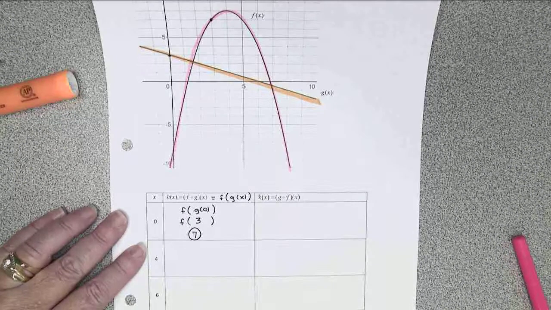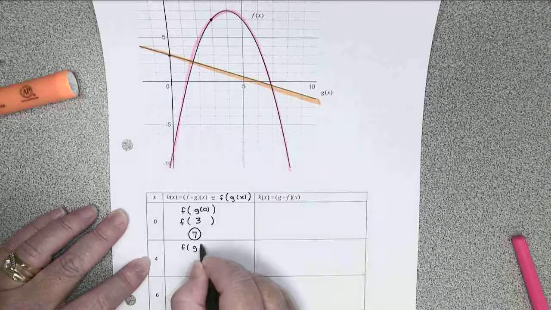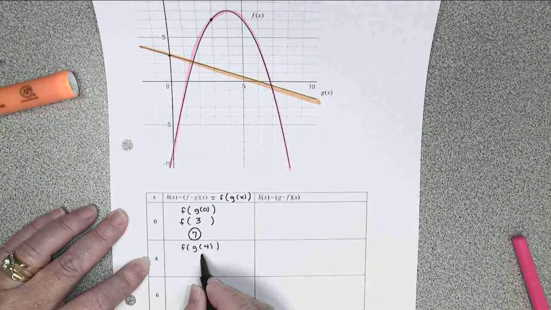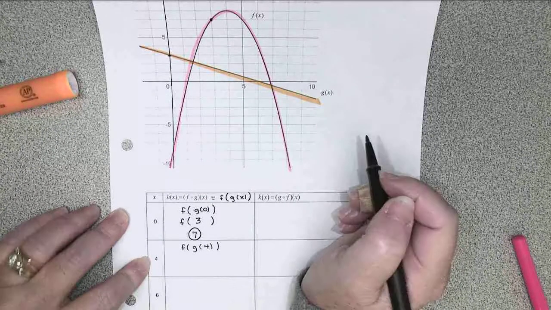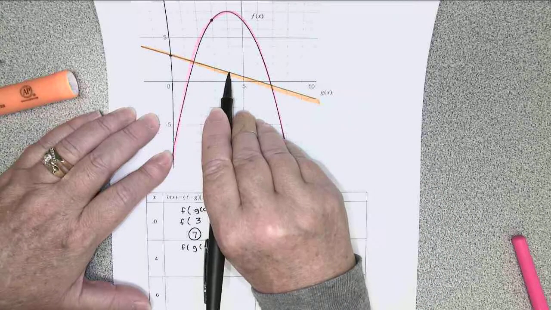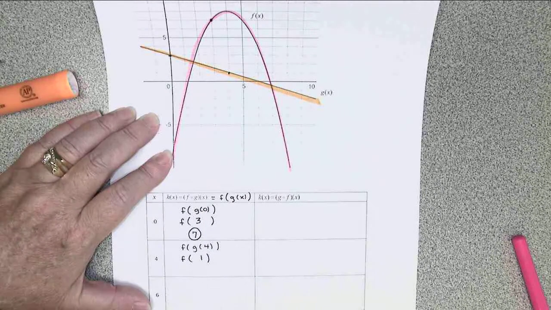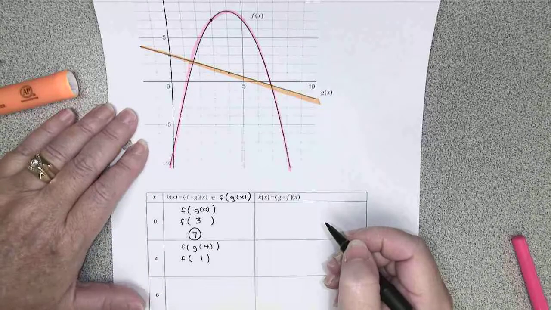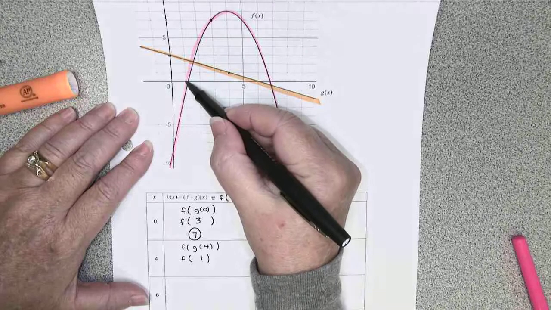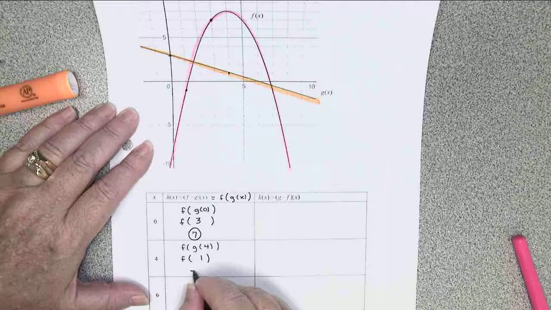Let's do a couple more. F of g of 4. I start with the g of 4. Again, g is the orange, the line. So here at x equal 4, right there, the y value would be 1. Now I want f of 1. F is the parabola, the pink. So I come over here to x equal 1. And on the parabola, it looks like that y value is down here at negative 1.